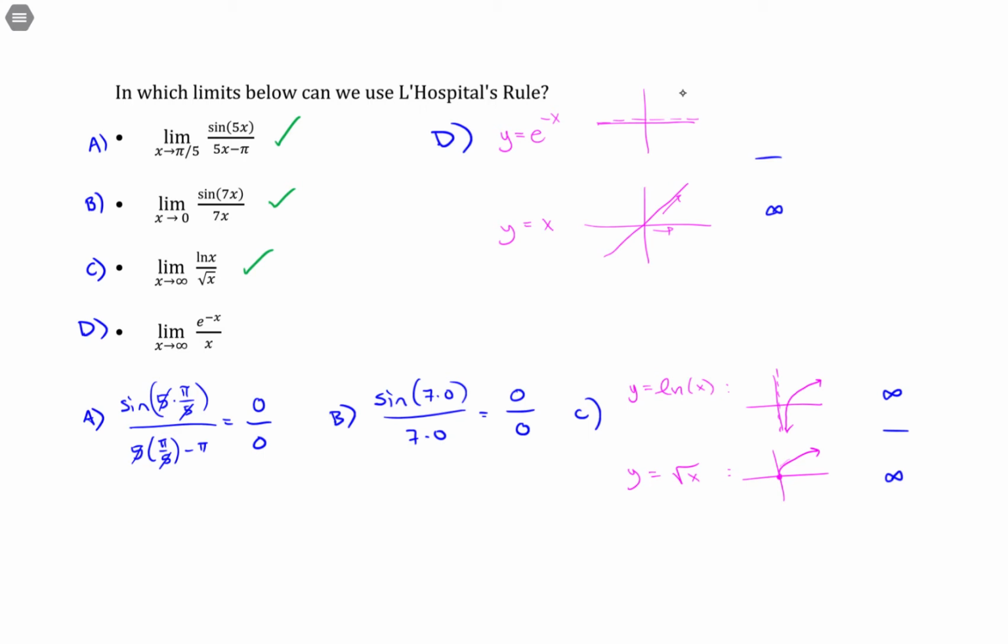I put it a little bit above the axis just so you can see it, but e to the negative x is going to look like this. The function gets closer and closer to 0 as x gets larger. So this is 0 over infinity. That's not a situation that you can apply L'Hopital's rule to. So the first three work, and the last one does not.